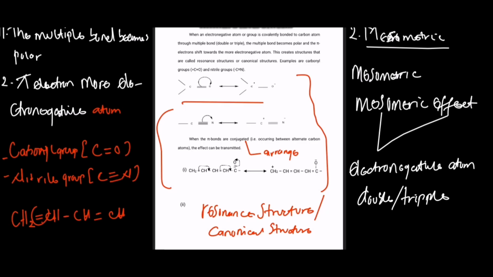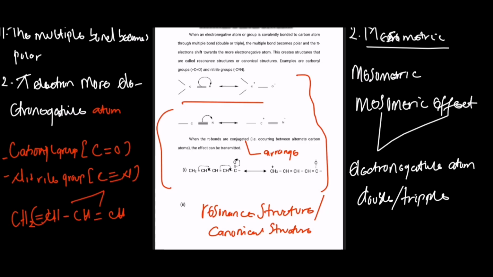When it comes to conjugation, what really happens is that the pi bonds are arranged in an alternating pattern between the carbon atoms, like in the example I gave from your slide.